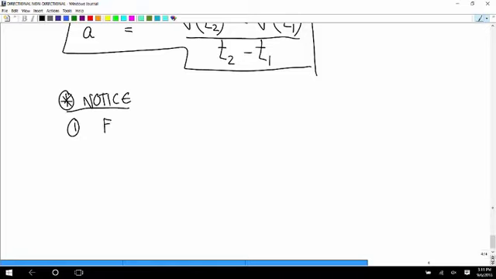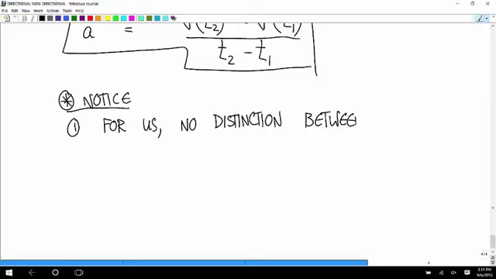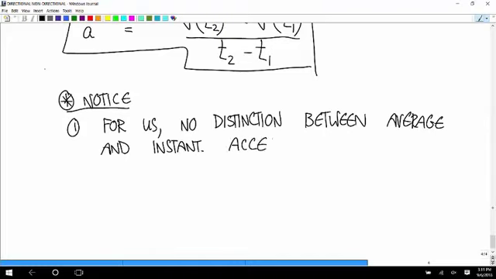For us, there's no distinction between average and instantaneous acceleration, because we'll only see constant acceleration.